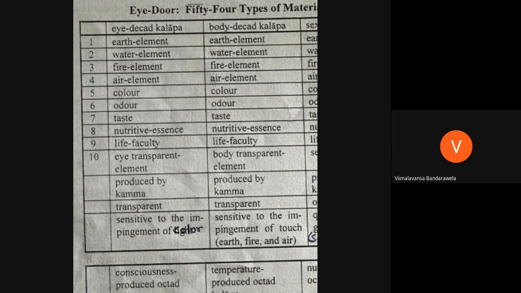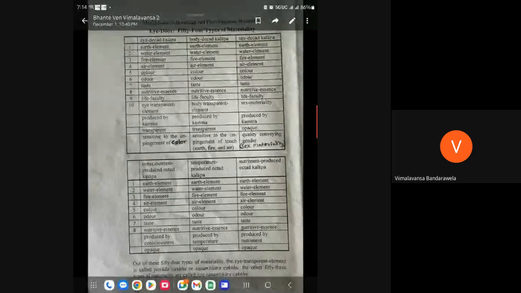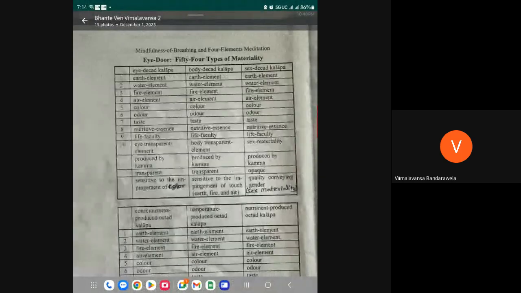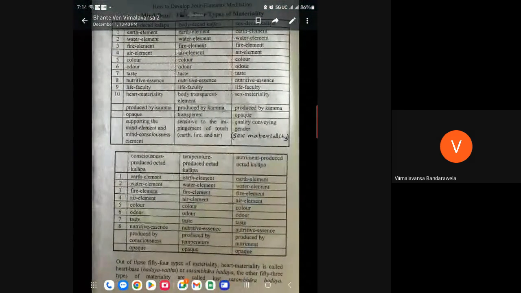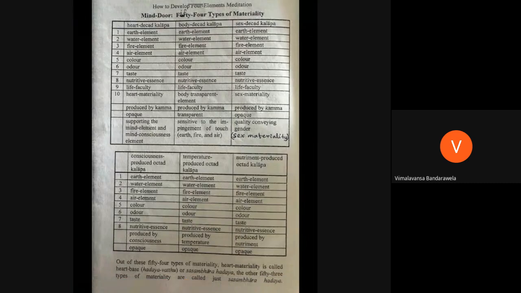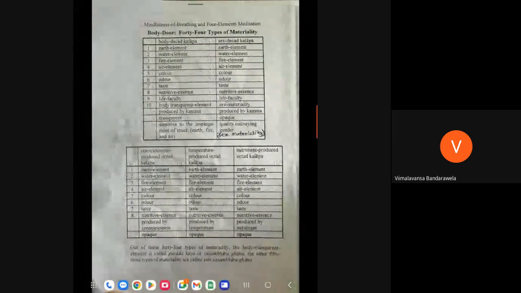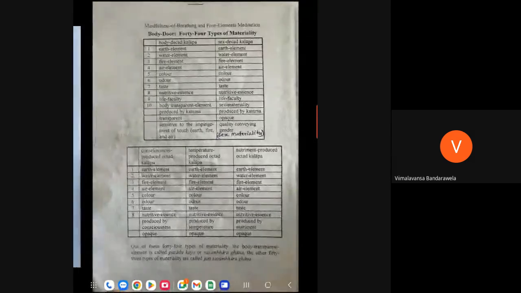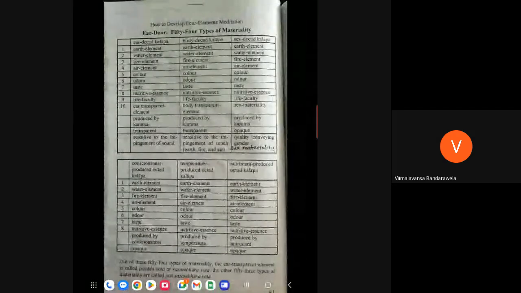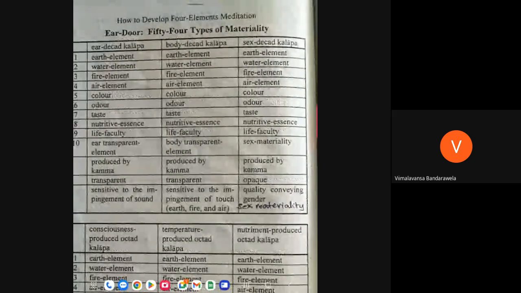Maybe another slide. Yes, that is mind door, body door, and then that's the thing. Yeah, ear door. Ear door also.